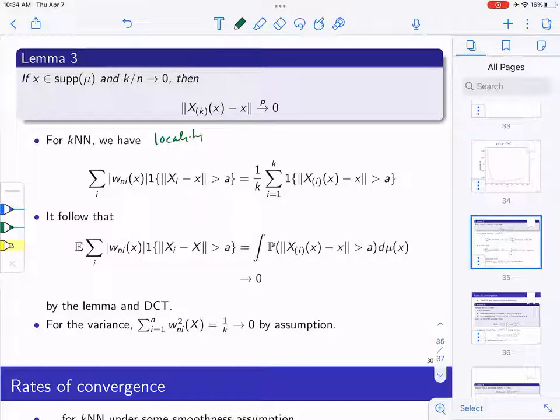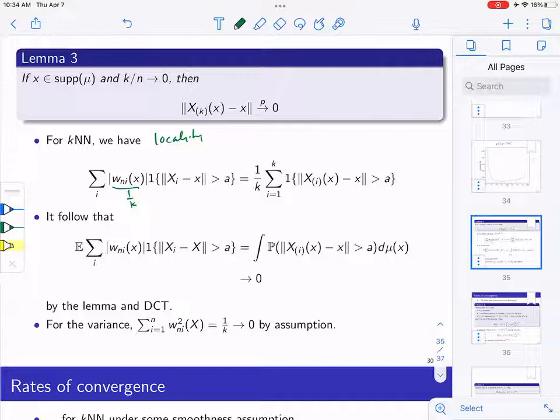What this is saying is that the weights are going to be 1 over k where they're non-zero. For k-nearest neighbors, this is always 1 over k. The only complication is that the set for which this is 1 over k is dependent on the training. What points I weight by 1 over k depends on the training and the x that we're using. But I have this inequality here.